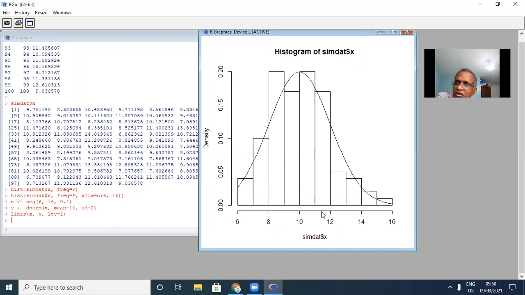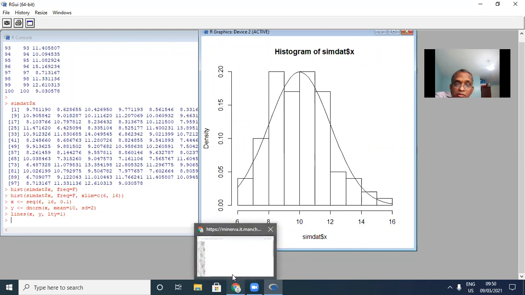How do you know that the mean is 10, SD is 2? That's because it's given in the question, Mikhail. You should read the question. It says the random sample is from a normal distribution with parameters 10 and variance 4. Mikhail, did you read the question, part 1? Just go to part 1. Okay, let me show you.